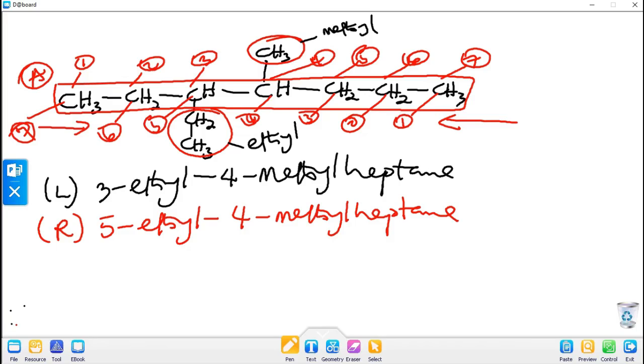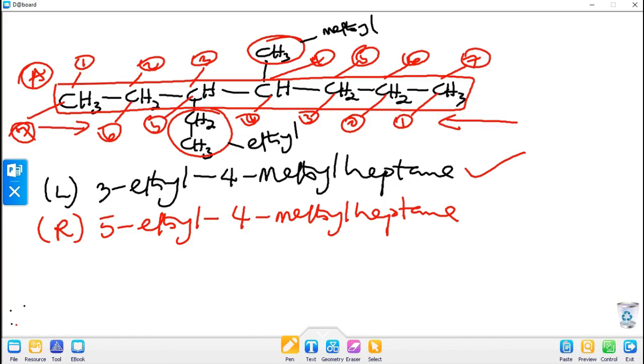So 3-ethyl 4-methyl in comparison to 5-ethyl 4-methyl, which has given a lower number to the side chains? Of course, you guessed right. 3-ethyl 4-methyl should be the right answer.